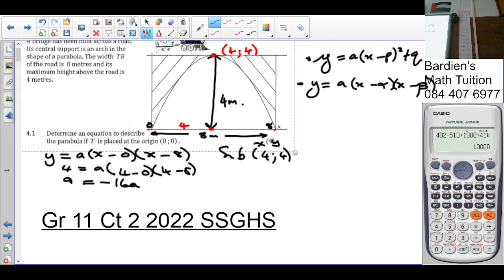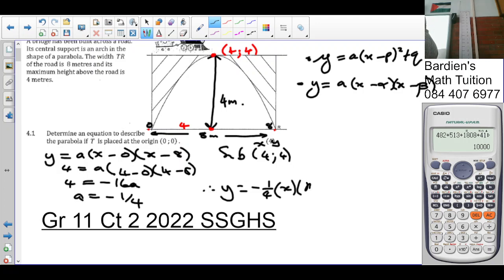So a works out to be negative a quarter. Not so. So my equation is y is equal to negative a quarter into x minus 0, which is x, times x minus 8, which simplifies into negative a quarter x squared plus a quarter times 8 is 2x.